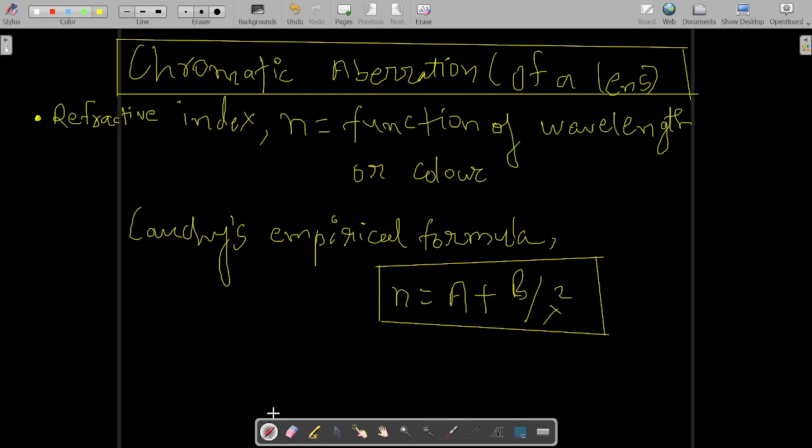Now n is minimum for red color, and n is maximum for violet color.